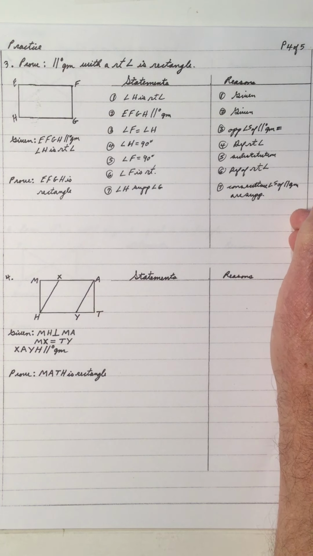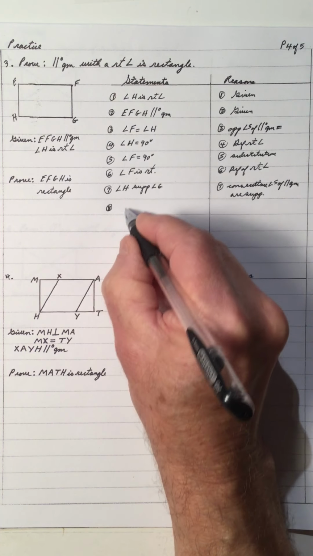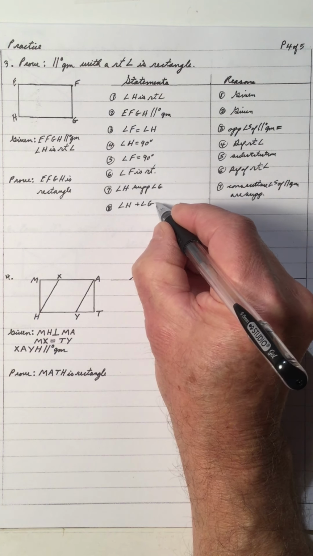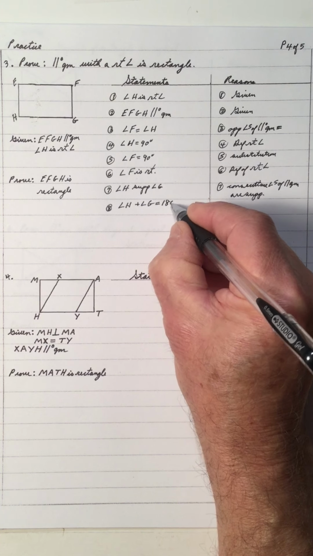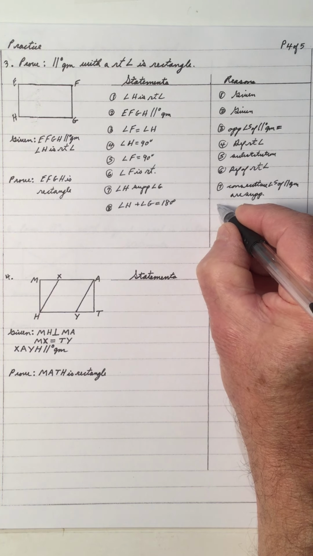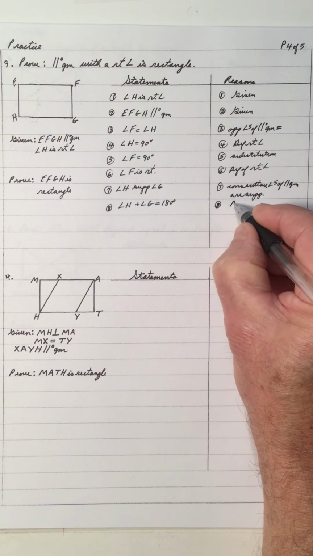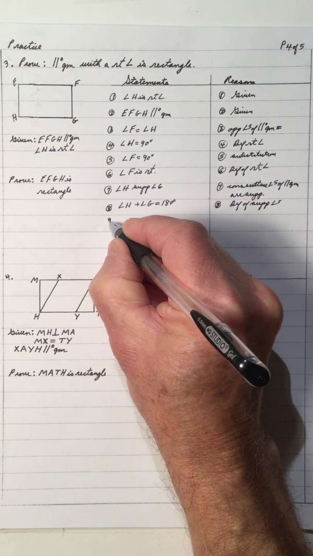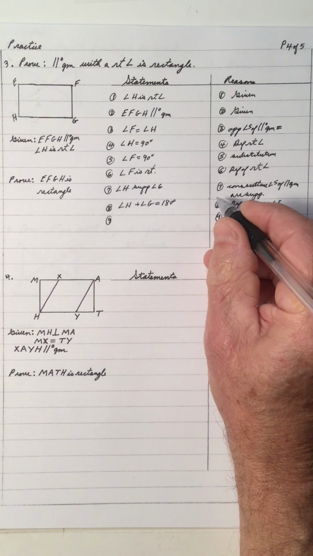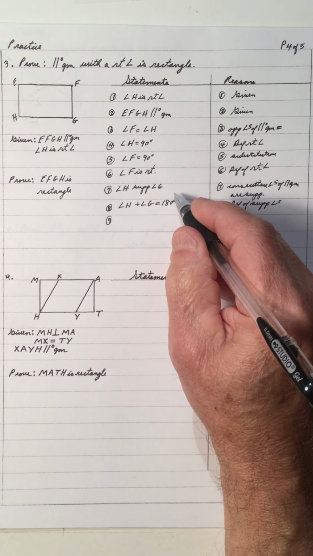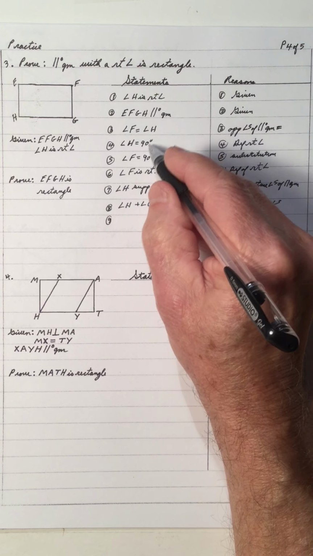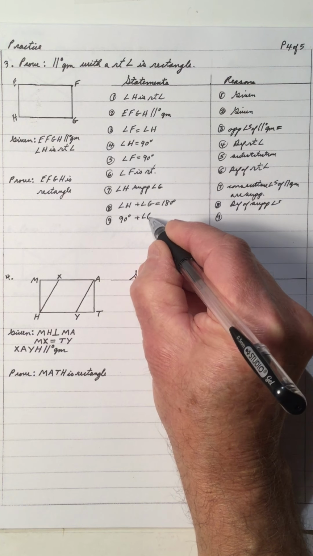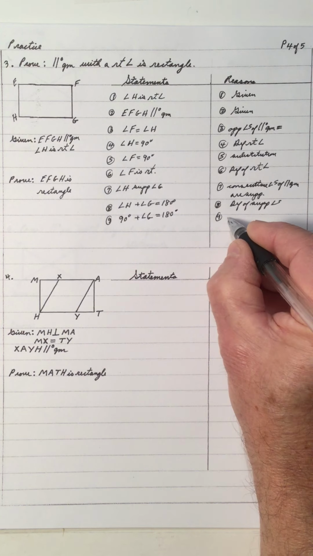We proved that earlier. And that means that angle H plus angle G is equal to 180 because of definition of supplementary angles. So number 9 is that angle H is 90 degrees. So we'll put 90 in the place of angle H by substitution.